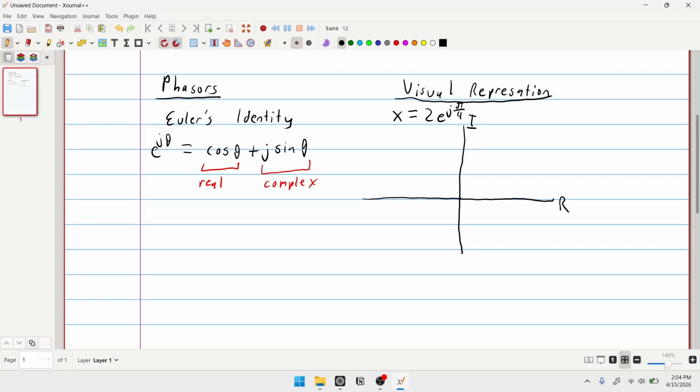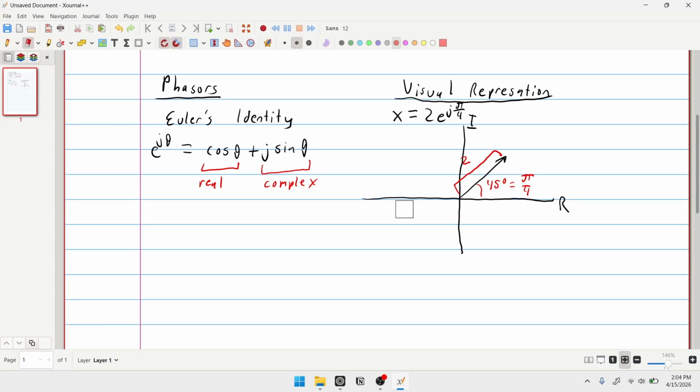To graph this, pi over 4 is 45 degrees, and 2 is our radius. So we see here that this length is 2, and this theta is 45 degrees, or pi over 4.